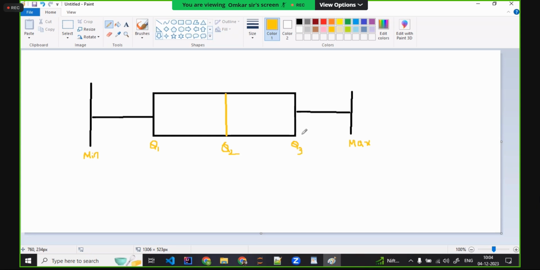Now your outliers will exist here, at this level or this level. Outliers will be more than Q3 or less than Q1.